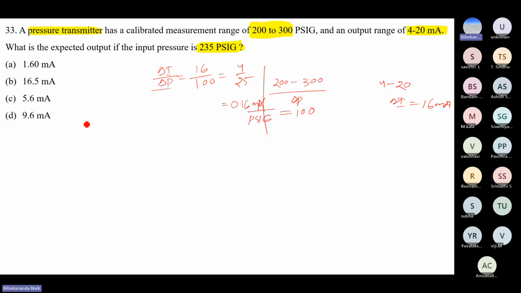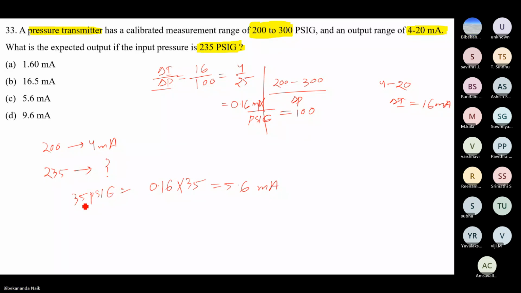So here you can see at 200 it was 4 milliampere. So at 235 what will be the current? 235 means it has increased by 35. Since for 1 psig the increase in current is 0.16, for 35 psig the current will be 0.16 into 35. So 0.16 into 35 will be how much? 5.6.